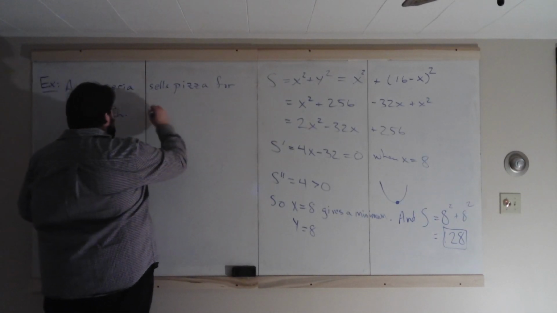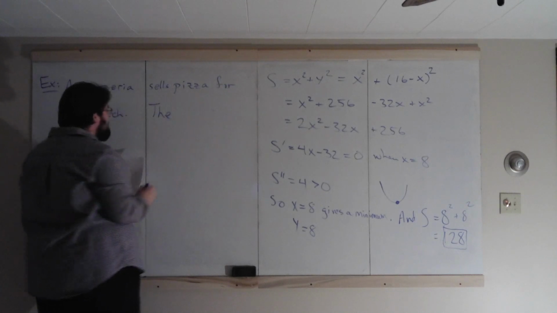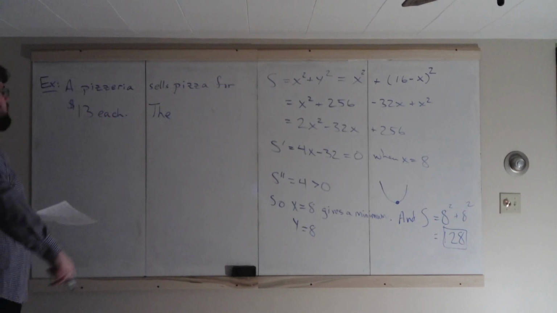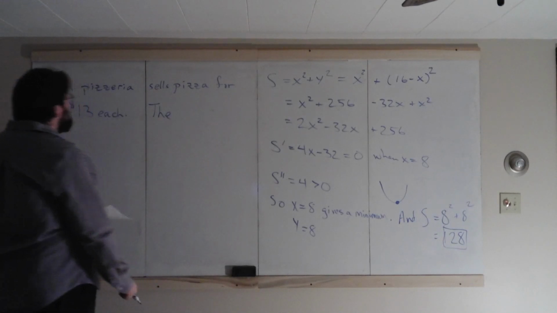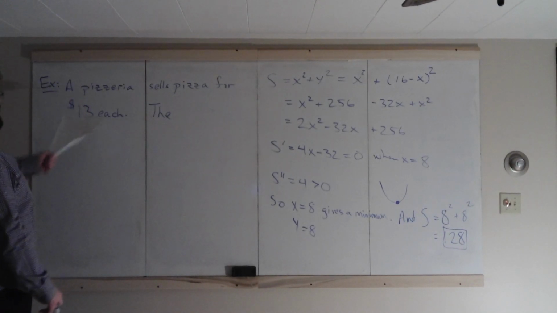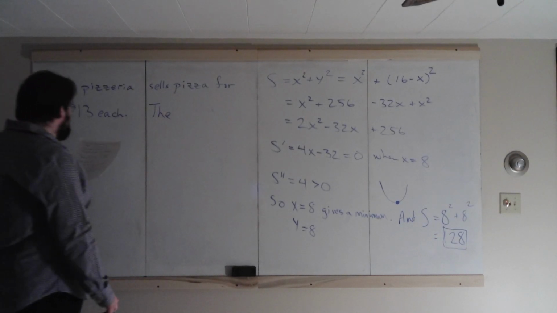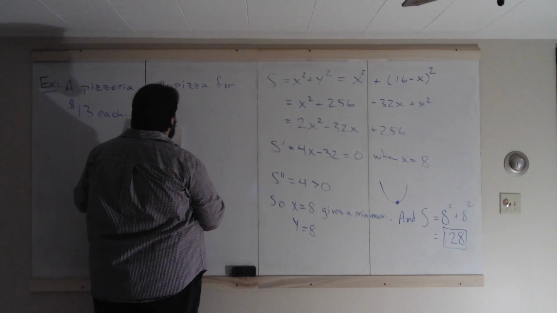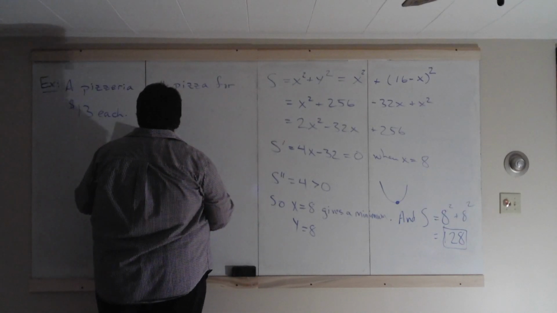Some of you may think $13 is very cheap for pizza. When I was growing up in the 90s, there were good pizzas up here in Northeast Pennsylvania for $4 or $5 each. $13 is awfully high. Where were we? Pizzeria sells pizza, $13 each.